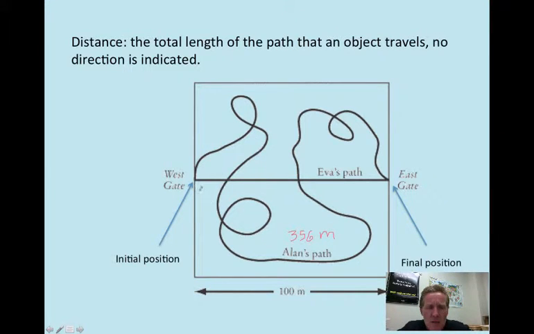However, since he started here and ended here, the distance traveled is going to be different than what we would give as his displacement, and his displacement is going to only be 100 meters. So it's important that we understand how an object can cover lots of distance, but its displacement sometimes isn't very much, or sometimes it's 0.